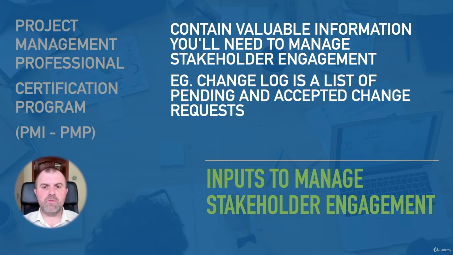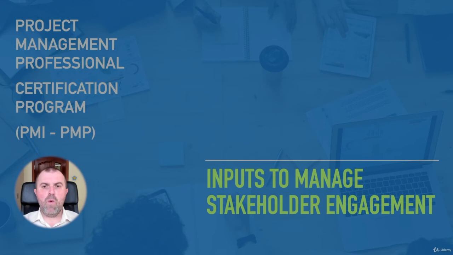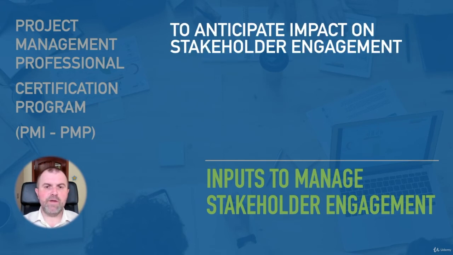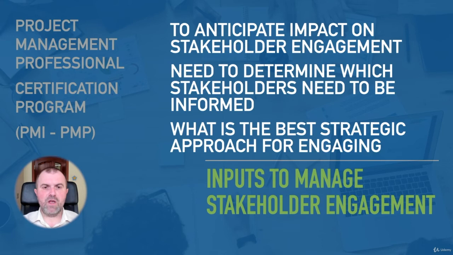In project management, these changes are strategic deviations from previously established project plans and processes. When a change is entered into the log, you will have to anticipate whether the change has the potential to impact stakeholder engagement. If so, you will need to determine which stakeholders need to be informed and what is the best strategic approach for engaging each one.